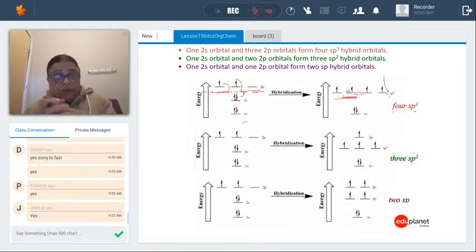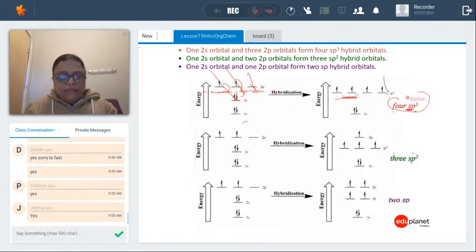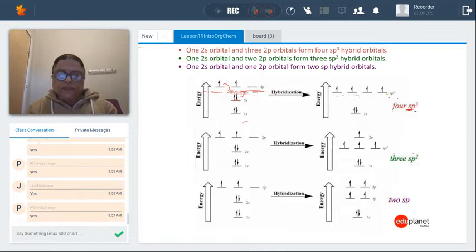They are a mixture of the s and the p, and since we have 1 s orbital mixing with the 3 p's, this one and this one, we call this sp3 hybridization. Okay, so far so good. Why? Because we have one s orbital mixing with 3 of the p's, px, py, pz: sp3.